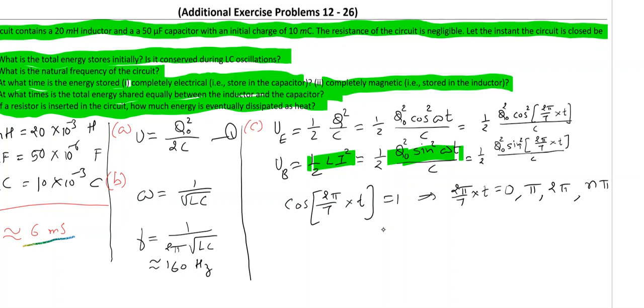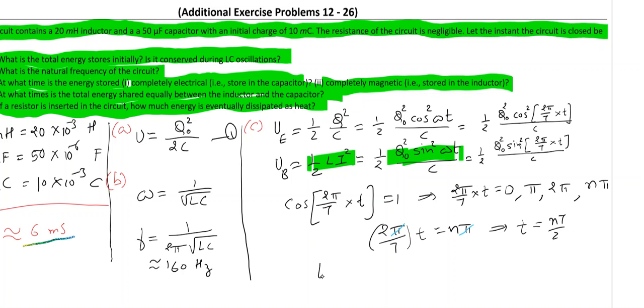So comparing this 2 pi by t into t with n pi, we realize that t can be nt by 2.